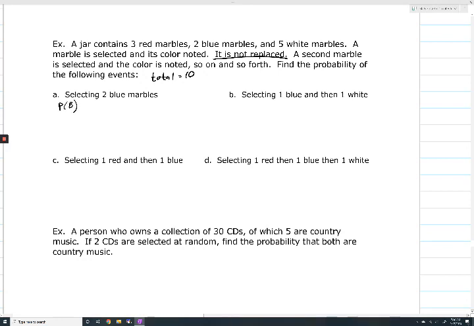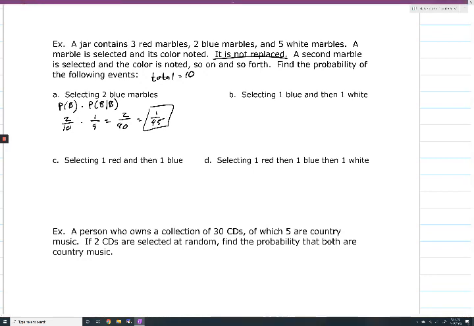Instead of just probability of blue times probability of blue, it is now probability of blue times probability of blue given blue. We are now decreasing the number of marbles each time. So 2 out of 10 times, well, there were only 2 and we took one of them. So there's only 1 blue marble left. And so we have 1 out of 9. Which gives us 1/45.